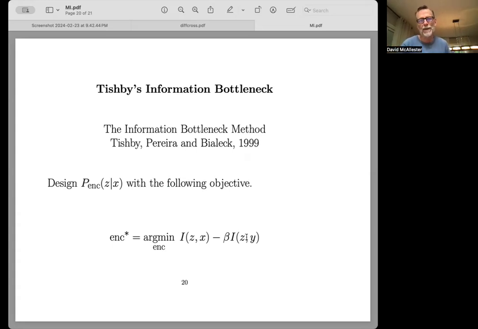So this is an old paper that's very much worth being aware of. And this is the objective function used in that paper.